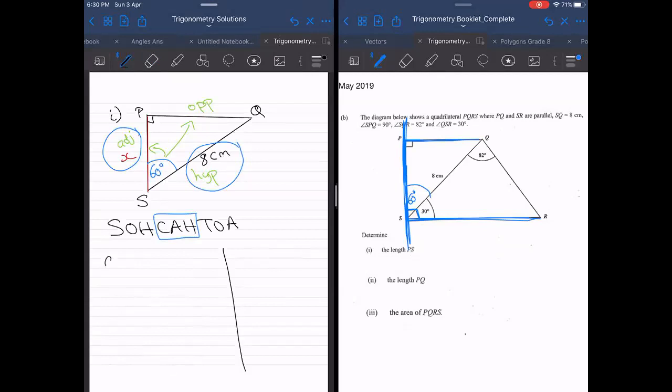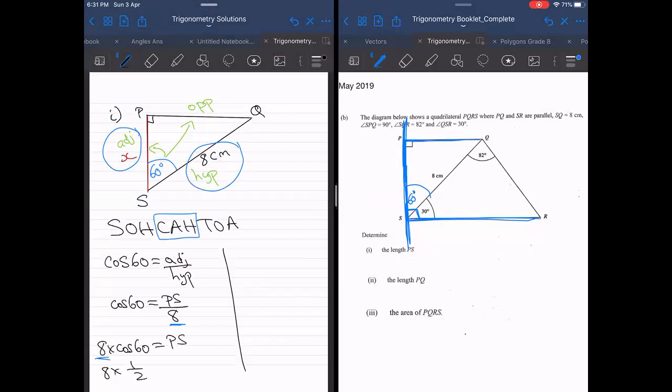Okay, so therefore I'm going to use cos. I'm going to say that cos 60 is the adjacent over the hypotenuse. So cos 60 is PS over 8. And the 8 which is divided, let me take it across, we will multiply.